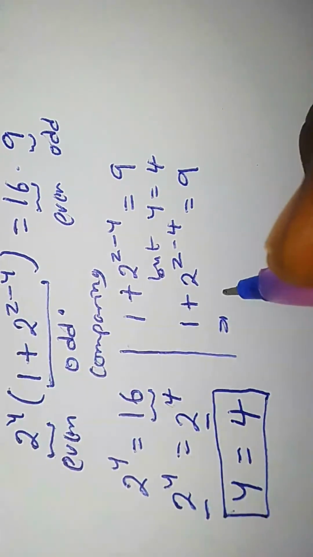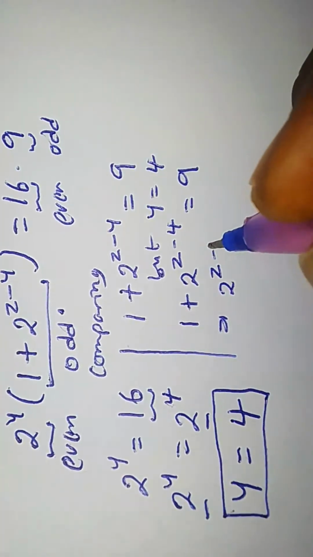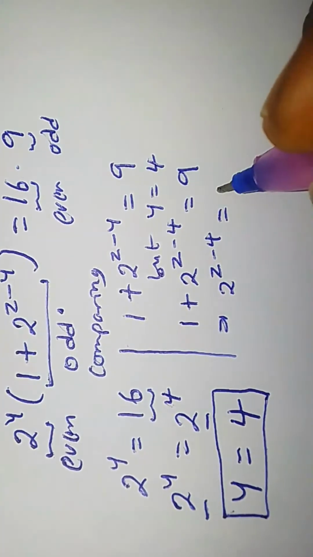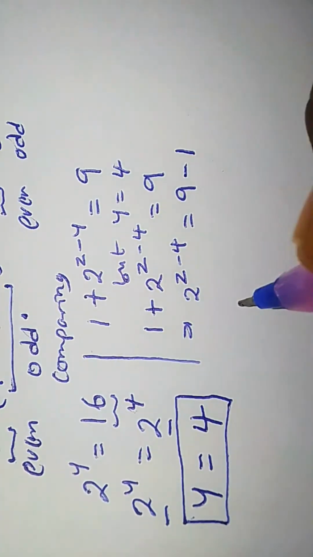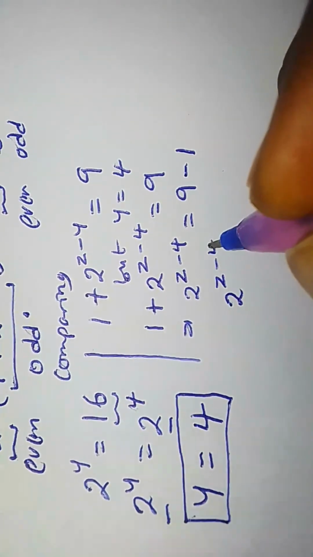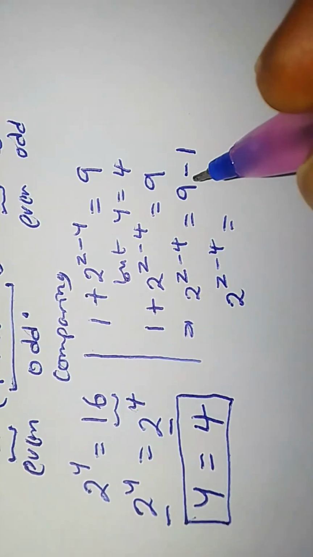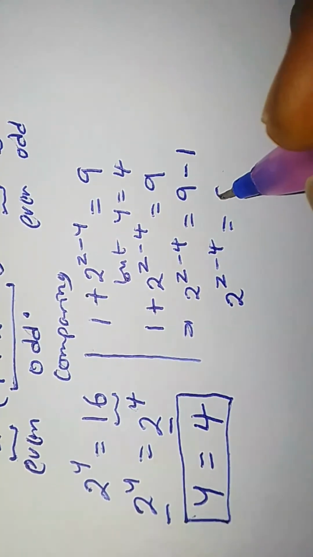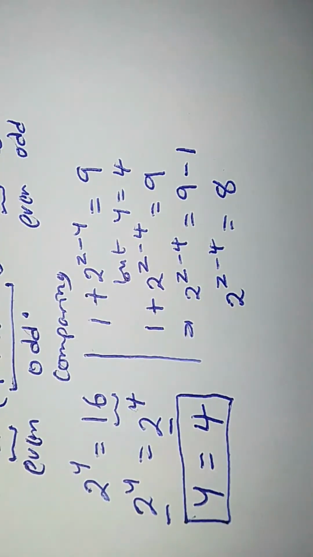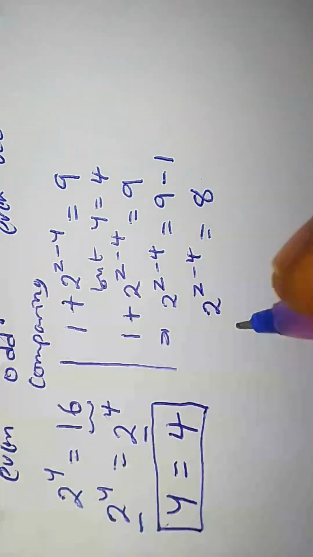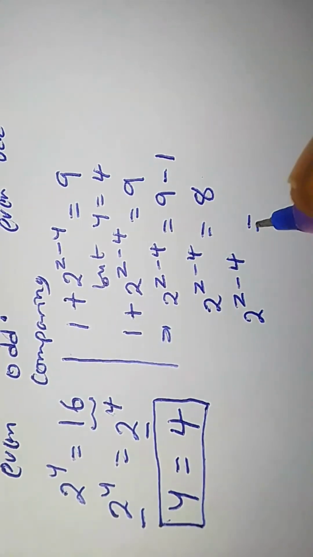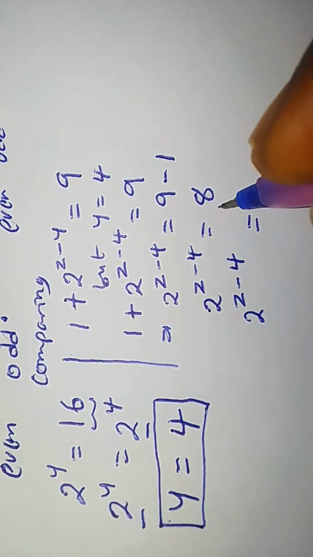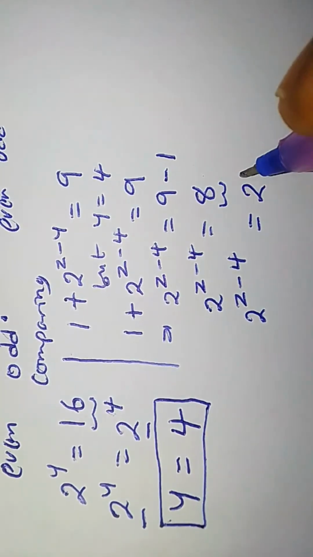This means that 2 to the power of z minus 4 is equal to 9 minus 1, that is 8. 2 to the power of z minus 4 is equal to, we can rewrite it as 2 to the power of 3.